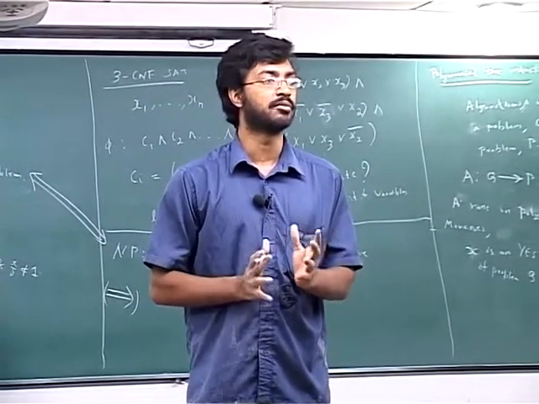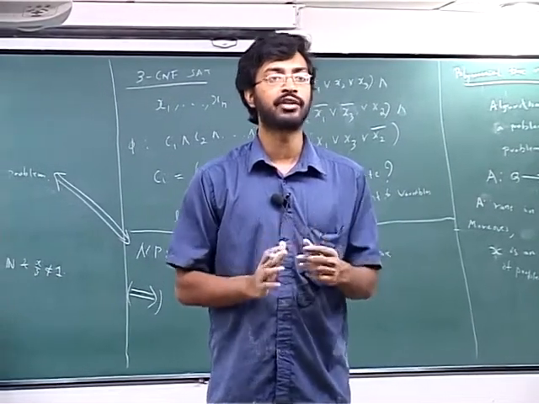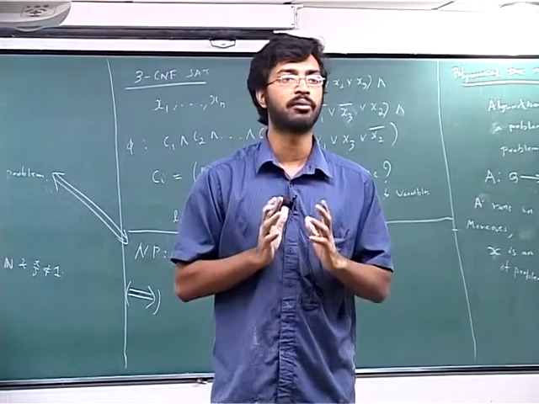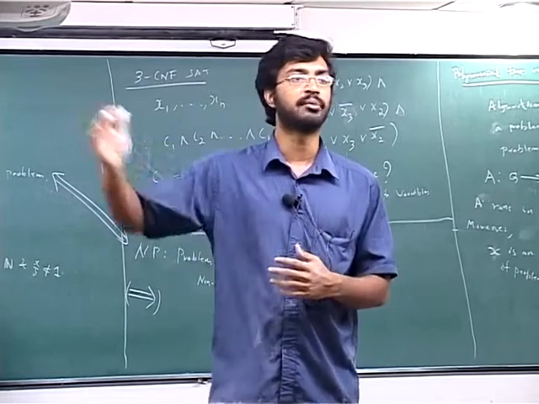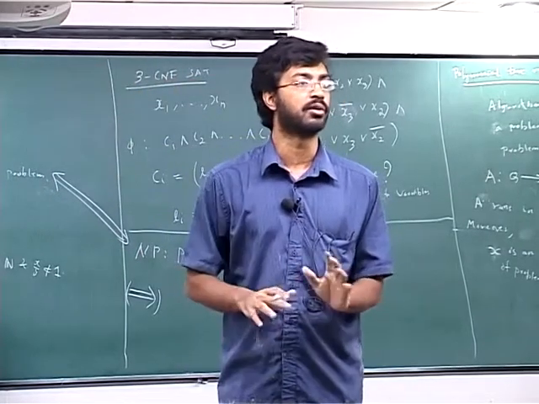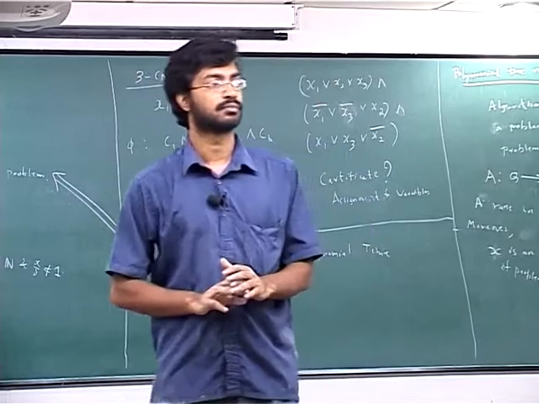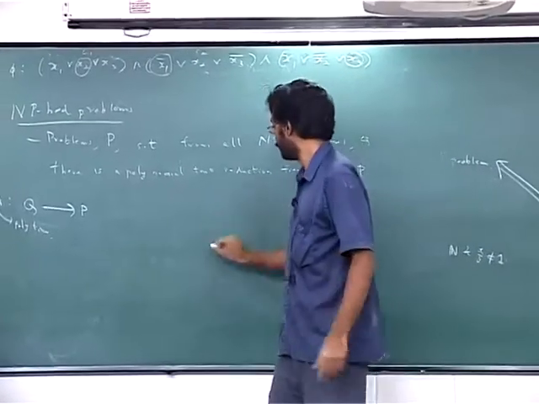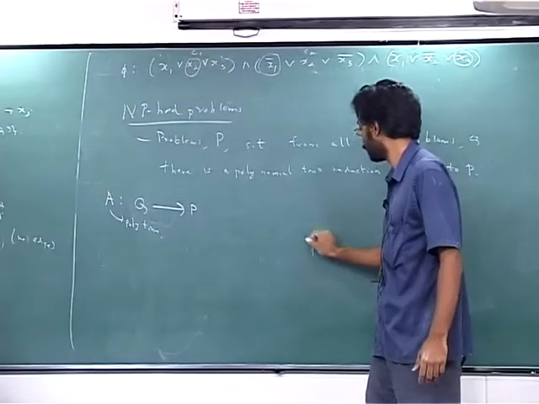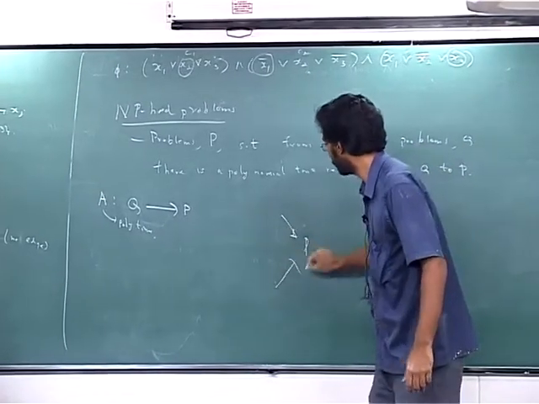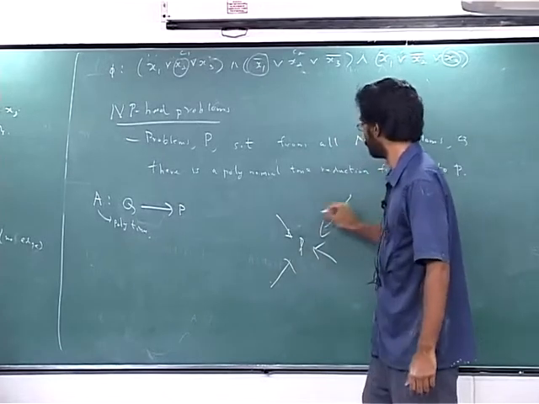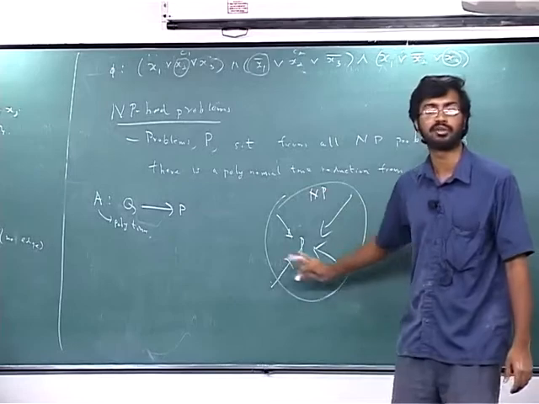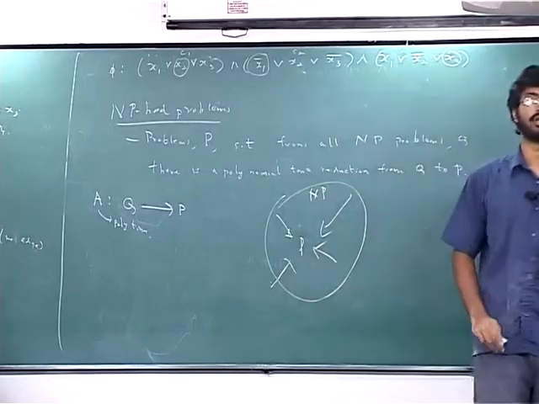If I come up with a polynomial time algorithm for those NP-hard problems, then it means that all NP problems have a polynomial time algorithm. Understood? So P is our problem here, and from every NP problem there is a polynomial time reduction to P.